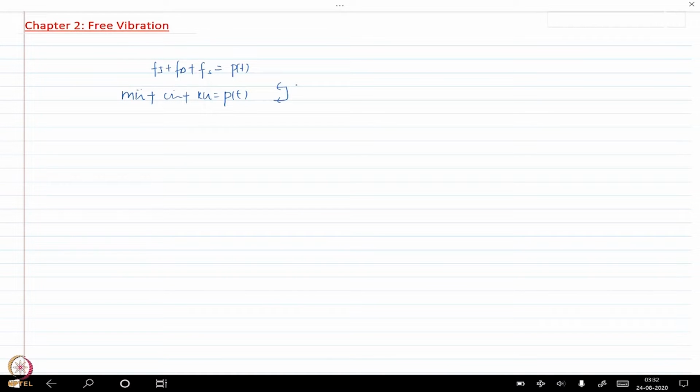If you look at this equation of motion, we basically have three components. Depending on whether the value of damping is zero or non-zero, and what our force of excitation is, we are going to discuss different properties of a dynamic system.